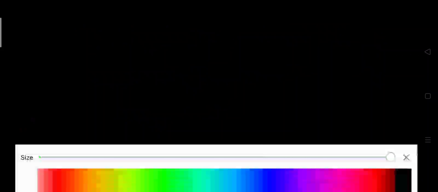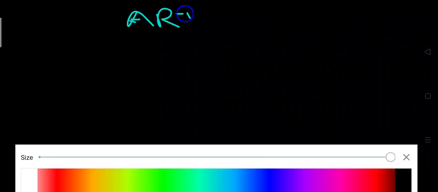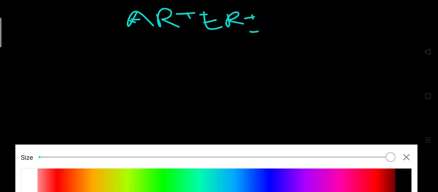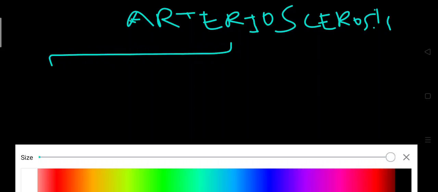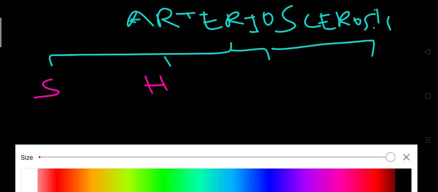Now only one last topic remains, that is atherosclerosis. Just to have a quick recap, we are learning about arteriosclerosis, and there are four types: senile, hypertensive, Monckeberg, and atherosclerosis.